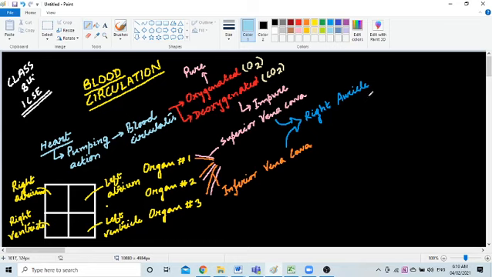Before going to the pulmonary artery, from the right auricle it enters the right ventricle, and after that it is pumped to the pulmonary artery.